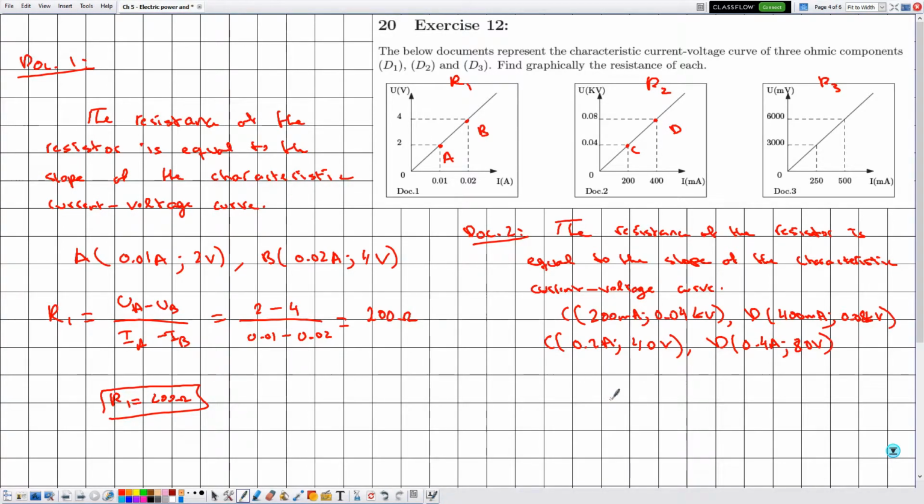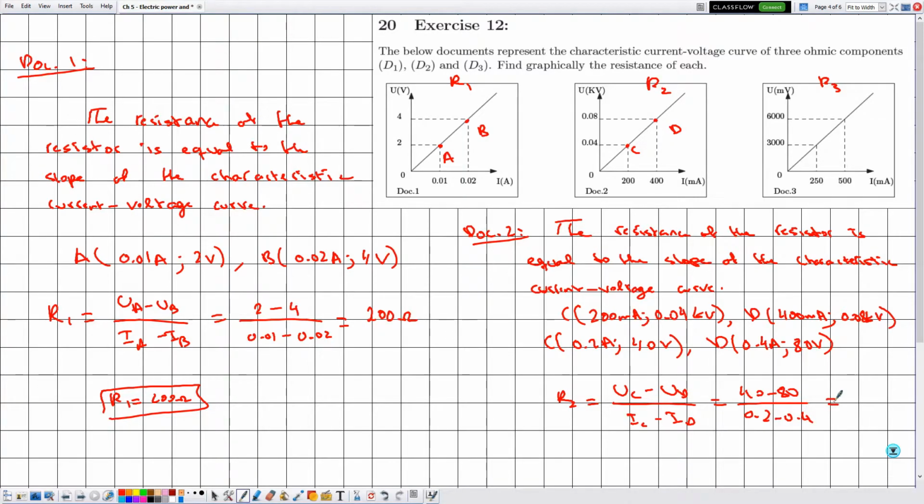Now we are ready to calculate the resistance R2, which is given by UC minus UD divided by IC minus ID. So this is 40 minus 80 divided by 0.2 minus 0.4.